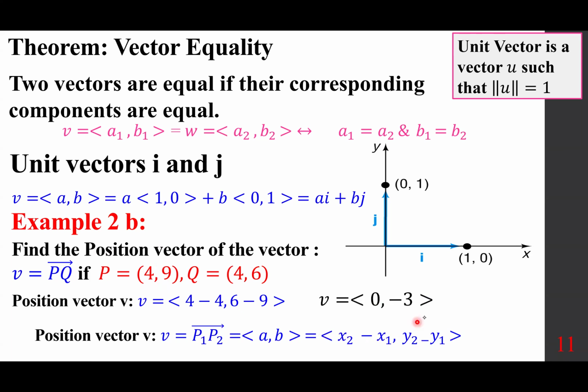So 0, -3. This is one way to write it, and you're done. If you want to go with ai plus bj, a is 0, so you don't have to write it. b is negative, so negative 3j is the answer. The down arrow in essence.